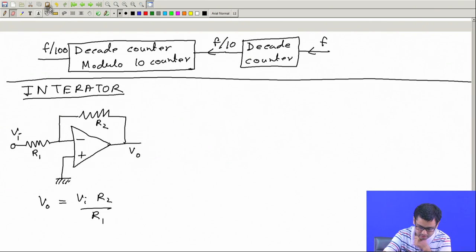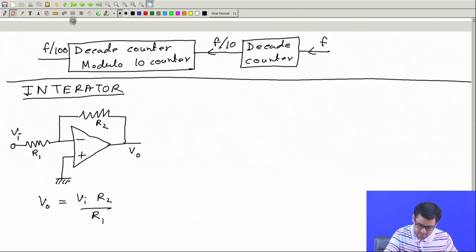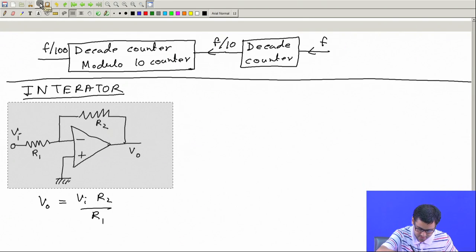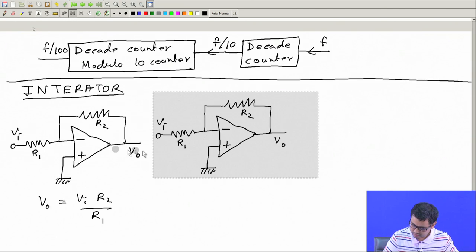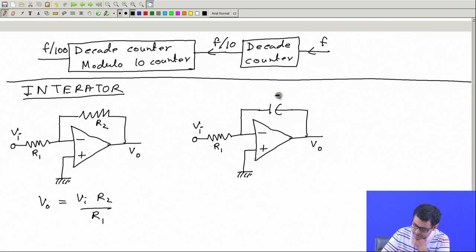what we will do, we will replace this with a capacitor. Call it C. You can just call the resistor R now, because there is only one resistance.